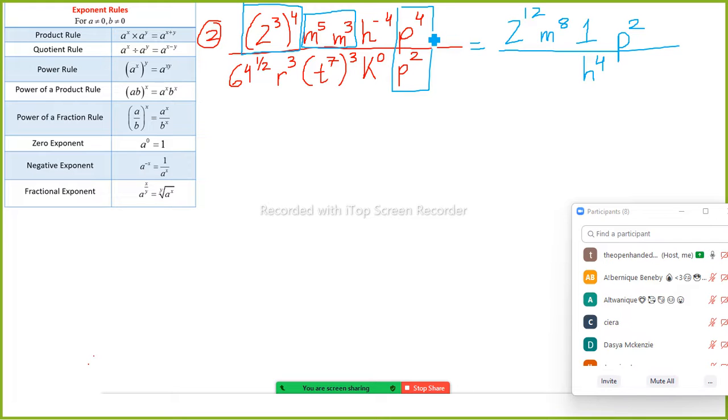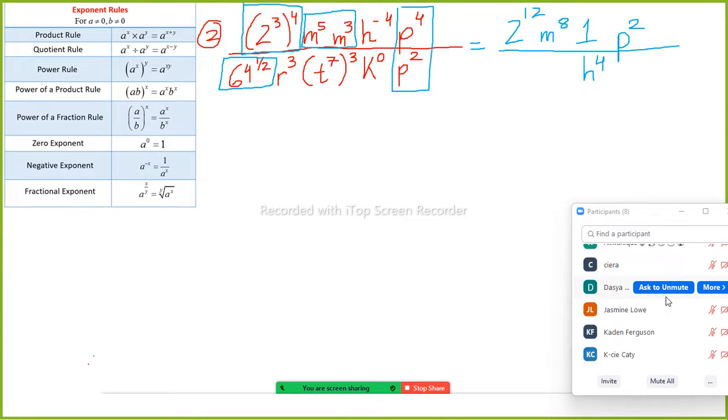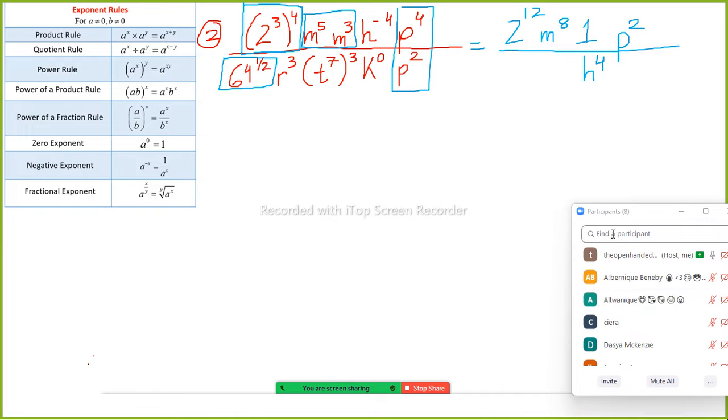Albernic, what do we do with 64 to the power of a half? Already asked? Okay. So who haven't I asked yet? Go ahead, answer for me.